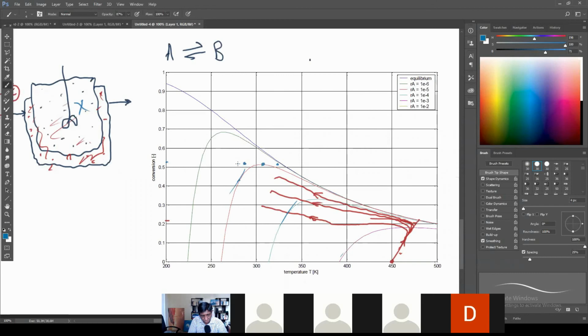That means it's a lower rate if we are moving to the left here. And then if we move to the right, again, we are moving closer to the green line and in fact the equilibrium zero line. So we are also going to a lower rate if we are looking in that direction. That means in the case of the batch reactor, the maximum value here is where we have the maximum rate.